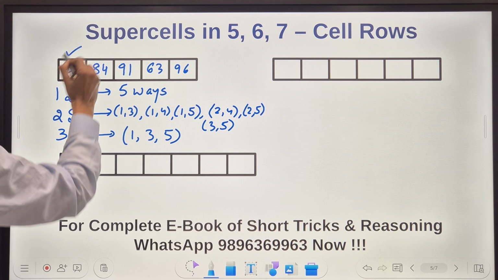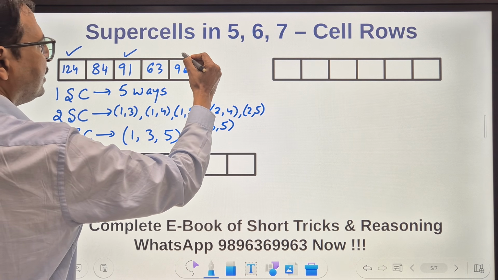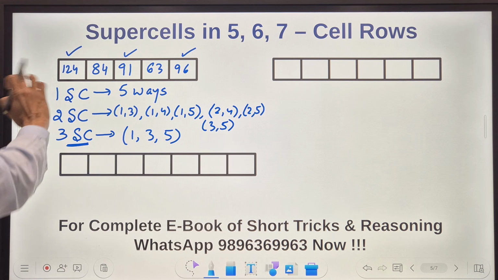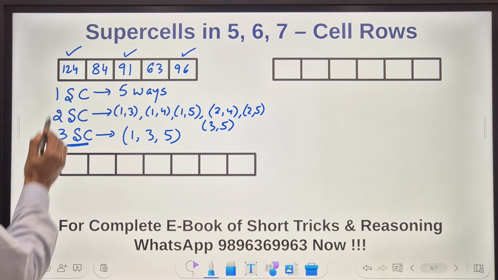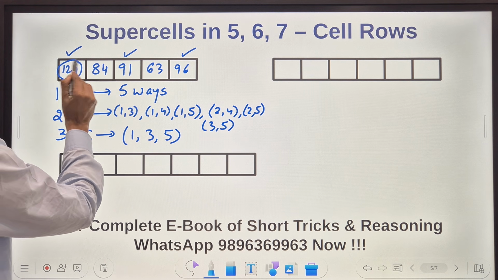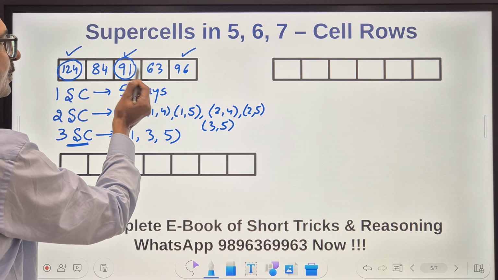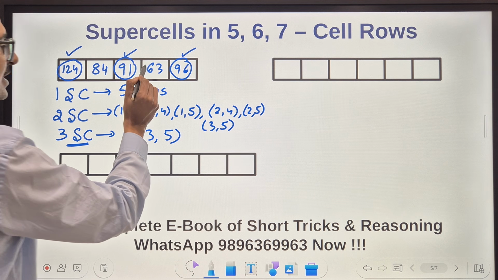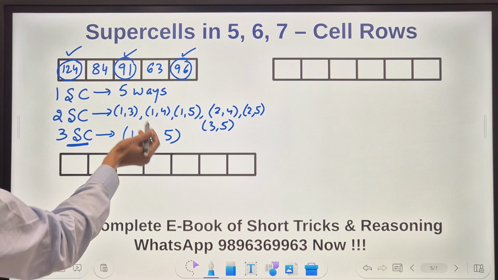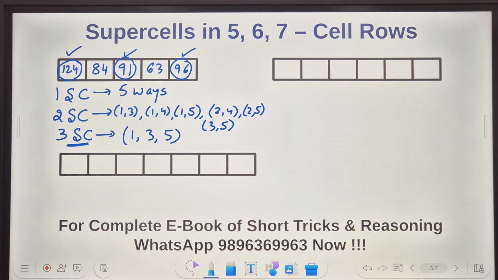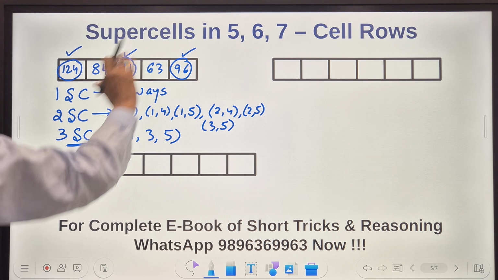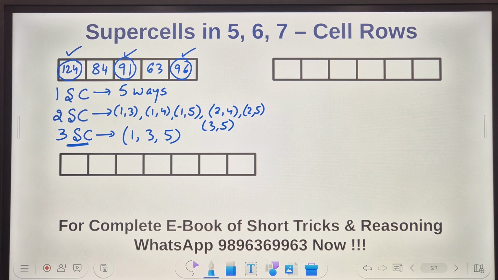Now check 1, 3 and 5. Are these three supercells? And you will realize that yes, its neighbors are smaller, and this has a smaller neighbor. So only one combination works when there is a 5 by 1 grid and we have three supercells. Likewise, now comes the challenging part.